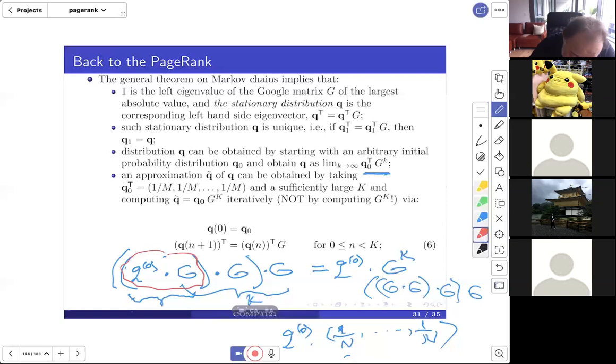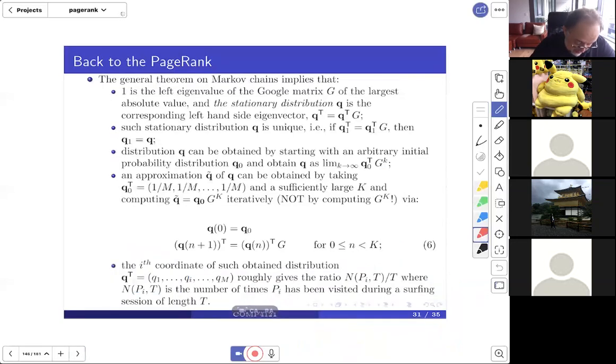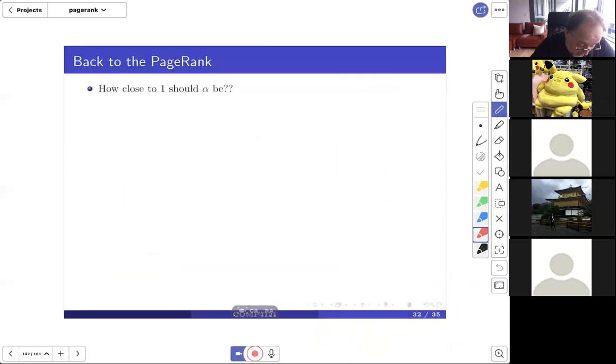How big should K be? Well, this is a very interesting question. The size of K that is needed depends on our alpha.